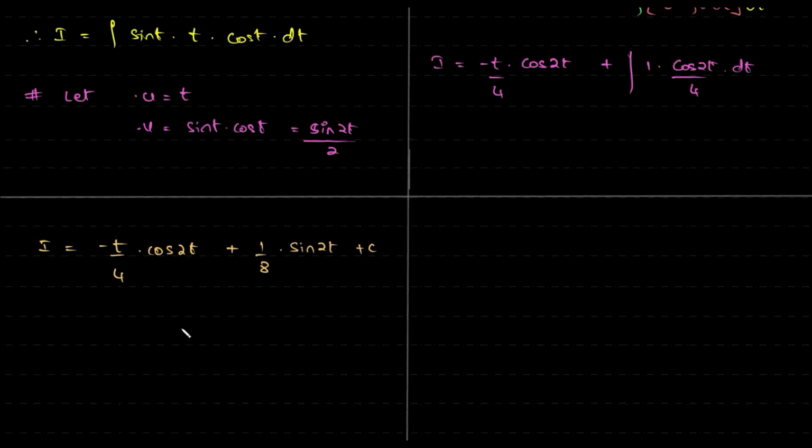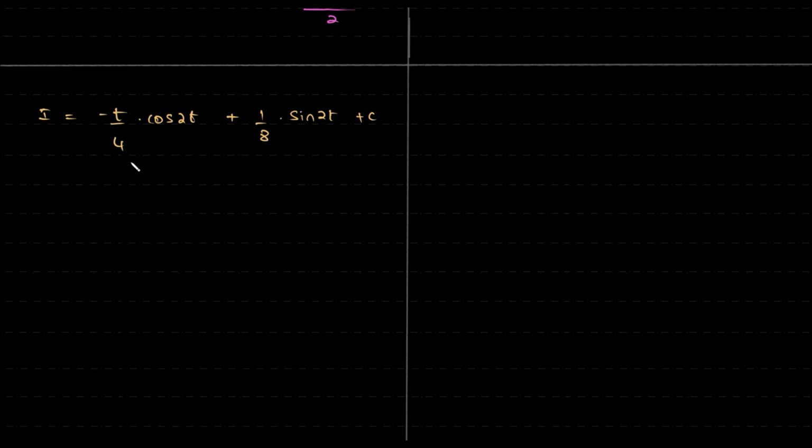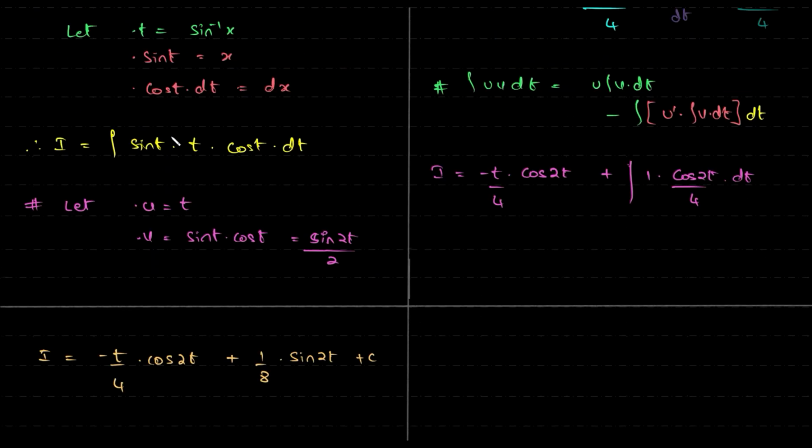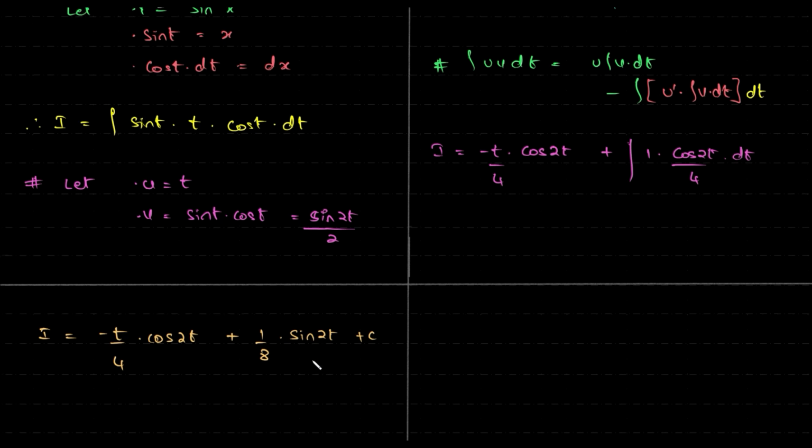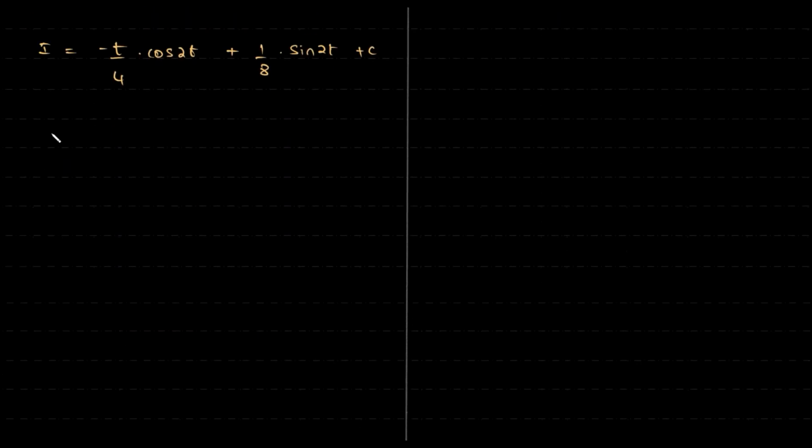Right, guys? So before substituting the value of t, see, t as a value is sine inverse of x. Sine of t is x. So I have to express all of this in terms of sine of t. So let's do it.